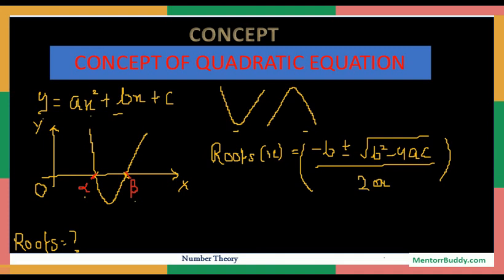So we have to understand one simple thing here: this is a quadratic equation, the basic form is y equals ax square plus bx plus c. This is going to be the respective curve, and wherever the curve intersects the x-axis are going to be the roots of the equation. So the roots can be calculated as minus b plus minus under root b square minus 4ac by 2a. Now applying the same logic in the coming question.